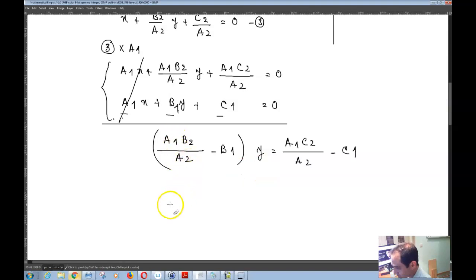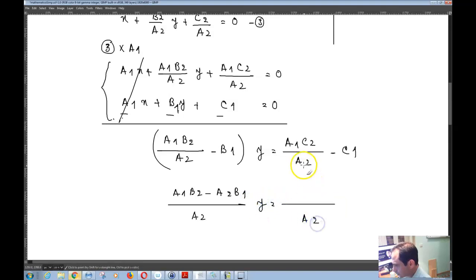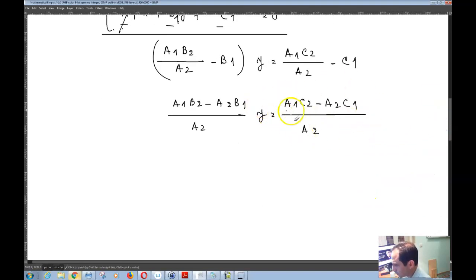And so this is equal to a1b2 minus a2b1 times y is equal to a1c2 minus a2c1, and so y is equal to this divided by this, or this times the reciprocal of this.